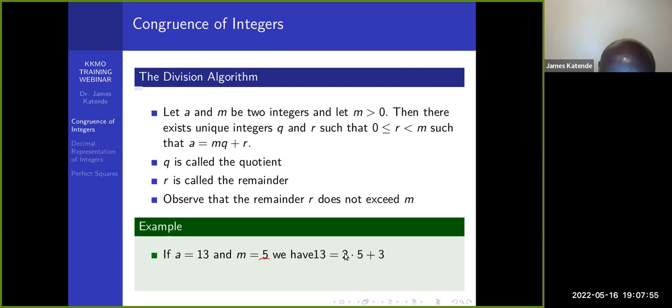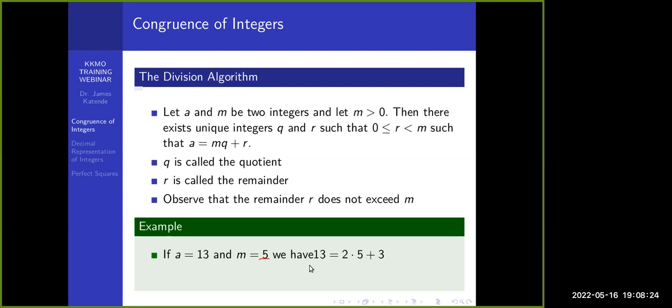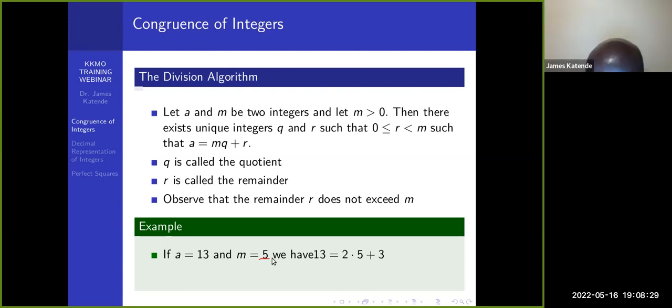You could also try 2 times 4, so that you get 8, but now you'd have to add 5, so the remainder now will be equal to 5. The remainder needs to be strictly less than 5.